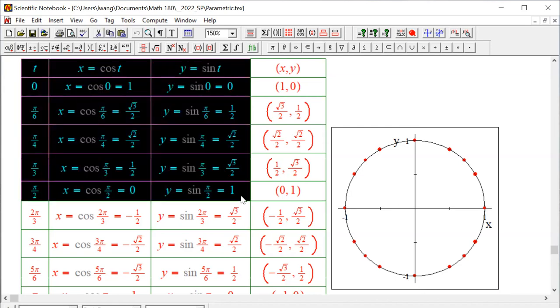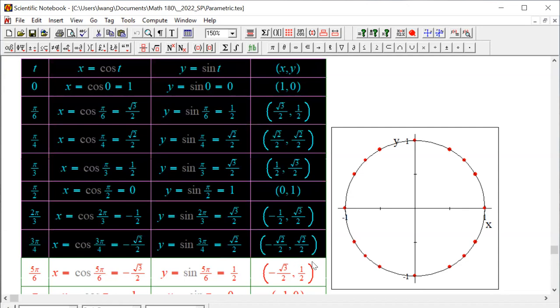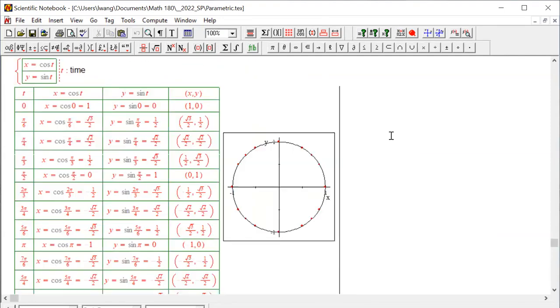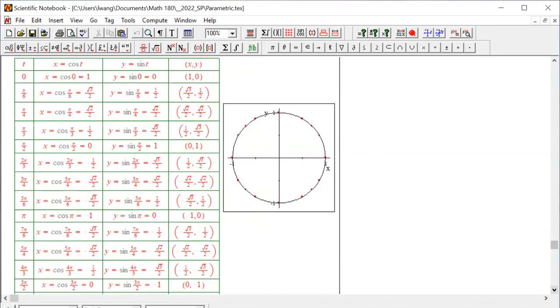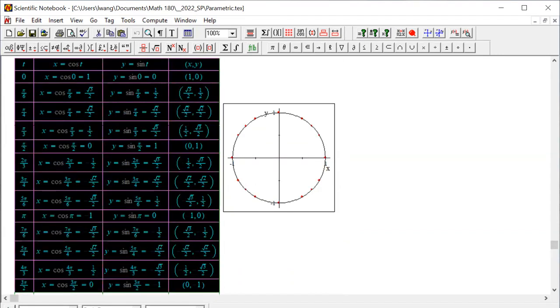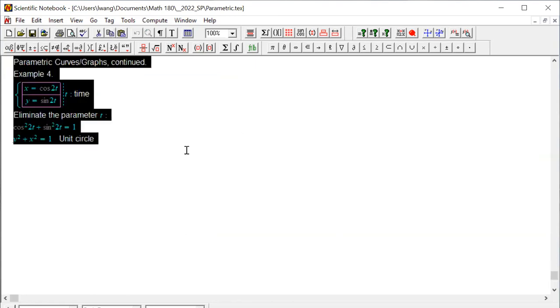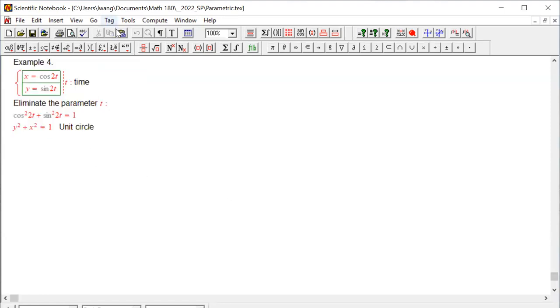Okay, so I'm going to put this original table on the side. Hold on, let me copy that table. I'm going to show you how we would choose the points.